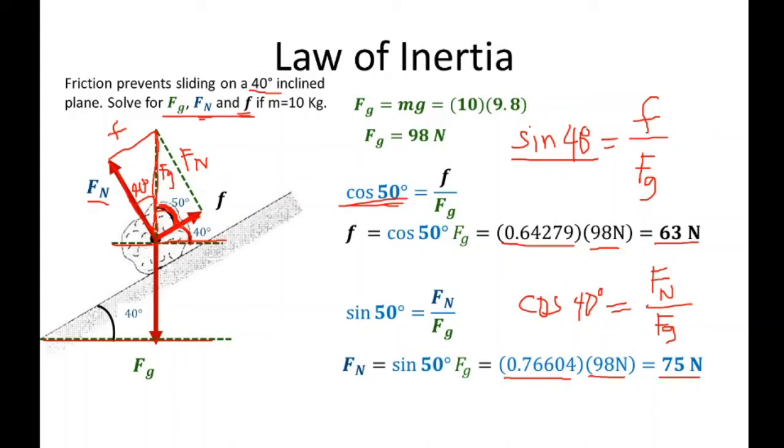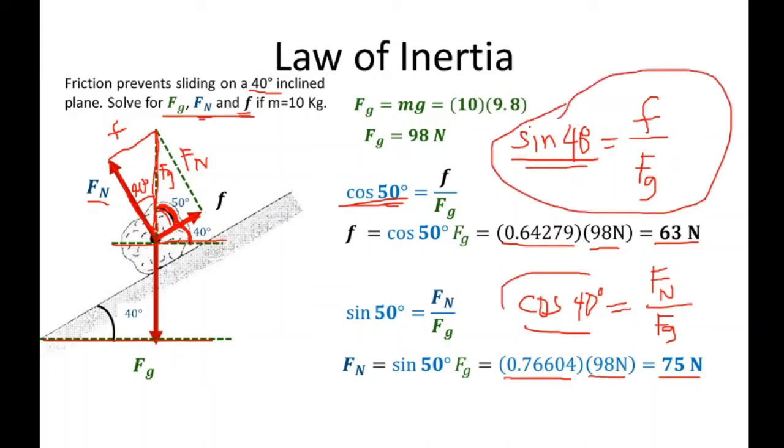Because we started here, then we have 50, and we were able to form a right triangle, then right away we solve it. But if you solve it using this equation, that will just be the same. The same result you will get. For F, it will be 63 Newton, and for Fn, it will be 75 Newton.